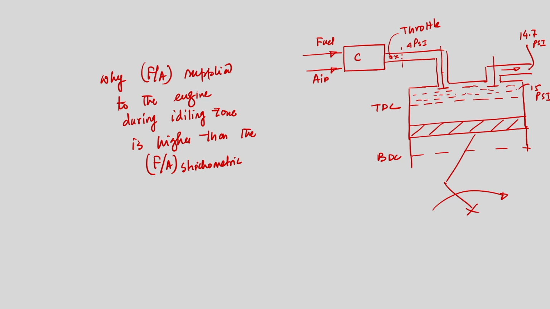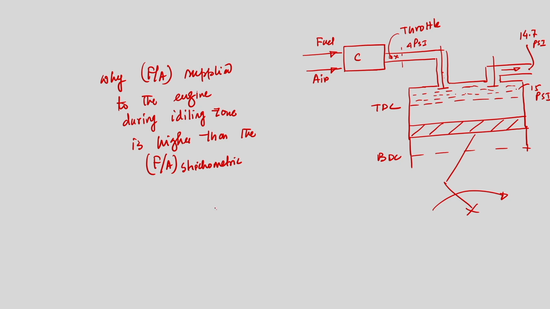On top of that, the combustion gases from the clearance volume will rush towards the throttle valve because of this pressure difference, and that will block the incoming charge, and as a result we will get a lesser amount of fresh charge.